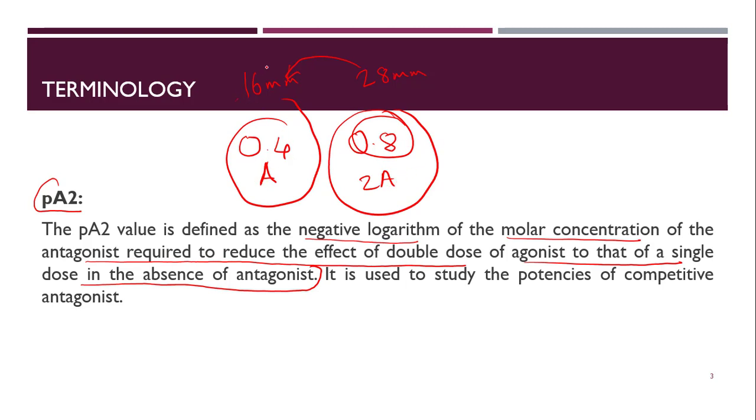So in this case, this 16 mm value which we have got is in absence of the antagonist. And what we are doing is that we have selected double the dose of the standard, and we will be increasing the dose of antagonist, and then we will plot a graph.